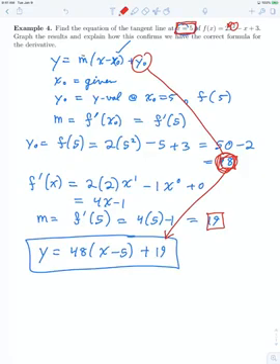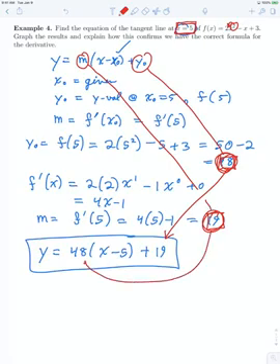And m, that was 19. Where is that supposed to go? That's supposed to be the number in front of the x's and stuff. Okay, well, easy come, easy go. So let me rewrite this. Y equals 19 times (x minus 5) plus 48.